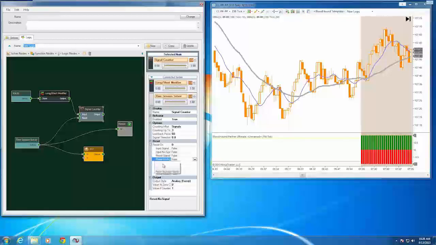Again, the reset signal is this one right here. When you see it firing blanks, just keep resetting your count. When you don't see blanks coming in, now start counting. So I basically have to reverse that. This was originally true and this was false, and now I've reversed it.